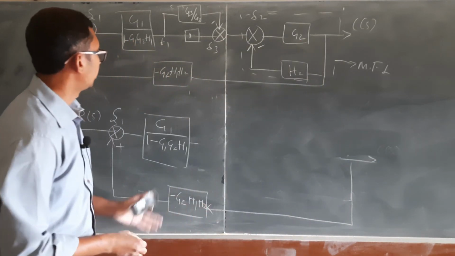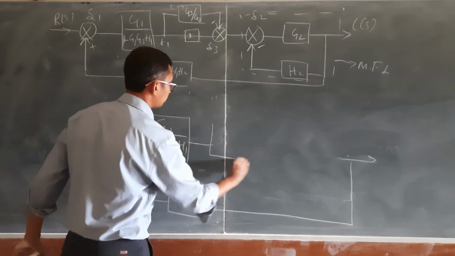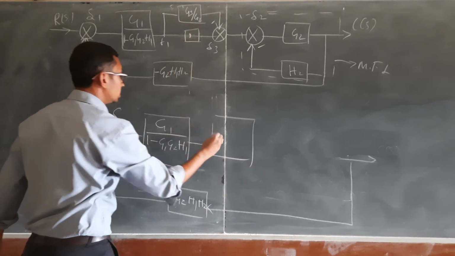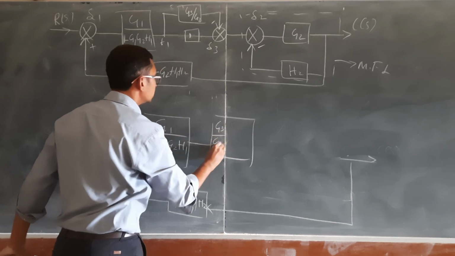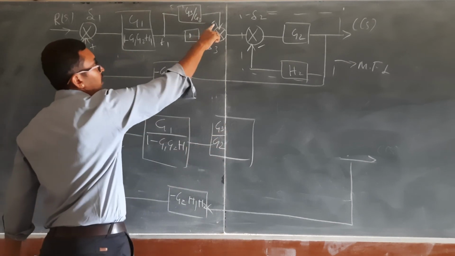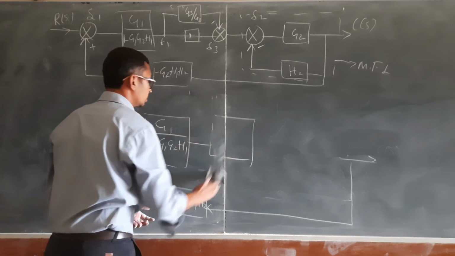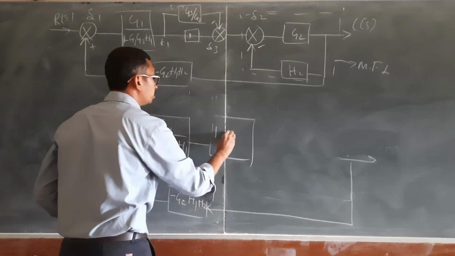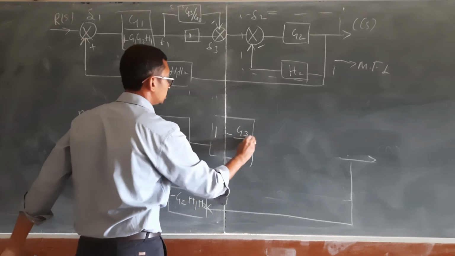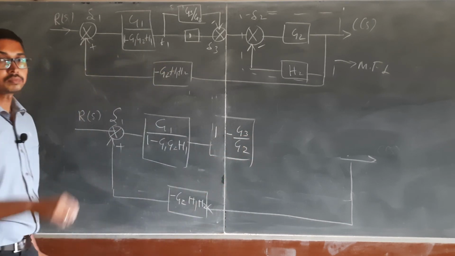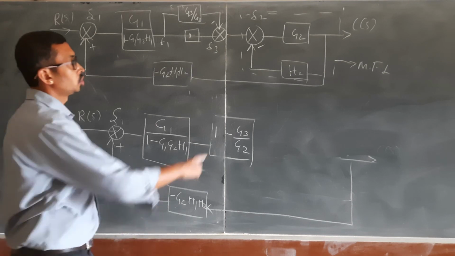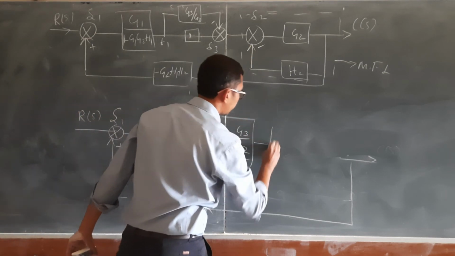Okay. So after this block, this can be written as G3 by G2. Here there is a minus, therefore it will be 1 minus G3 by G2. I am also going to apply the minor feedback loop.